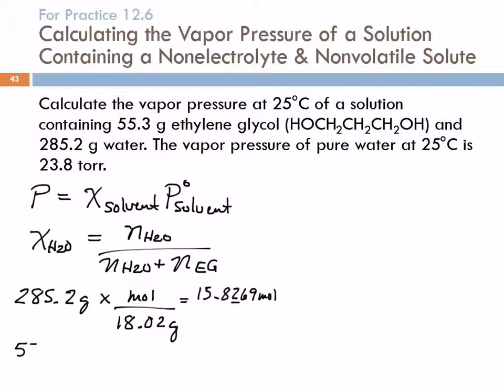So we've got 55.3 grams. And let's see, three carbons times 12.01, plus two oxygens times 16, plus eight hydrogens, 8 times 1.008. That gives 76.094.